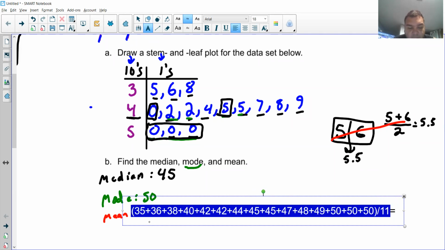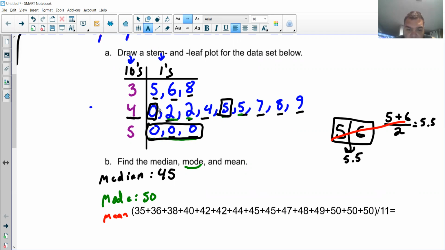So let's just take this thing and copy it into Google and see what it gives me. 60.9. I must have made a mistake. Let me add an extra one. 36, 38, 40, 42, 44, 45, 45, 47, 48, 49, 50, 50, 50, divided by 11. It can't be 60.